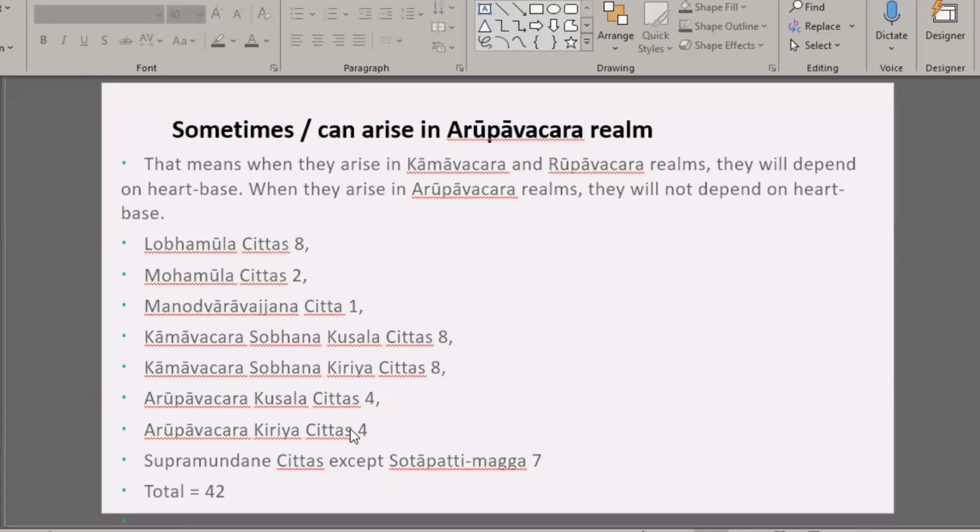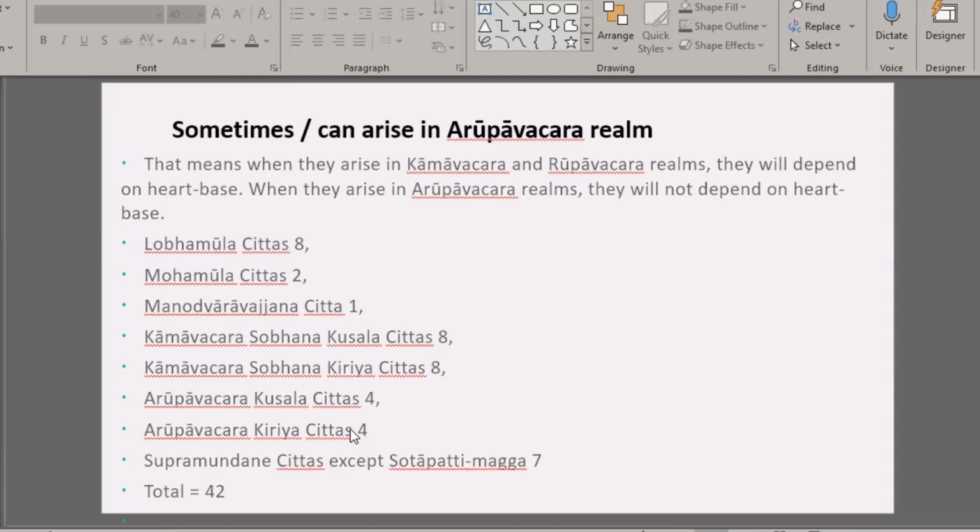Also, when Rupavachara Brahmas develop Arupavachara jhanas, they have those Arupavachara Kusala Chittas. Then what about the Kriya Chittas? That's for Arahants. When Arahants develop Arupavachara jhanas, they have those Arupavachara Kriya Chittas.